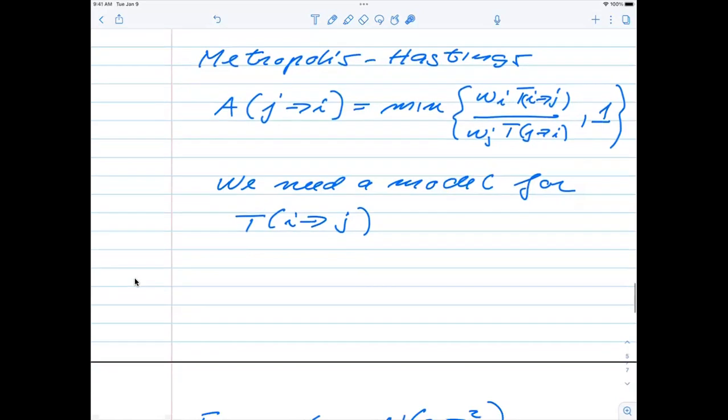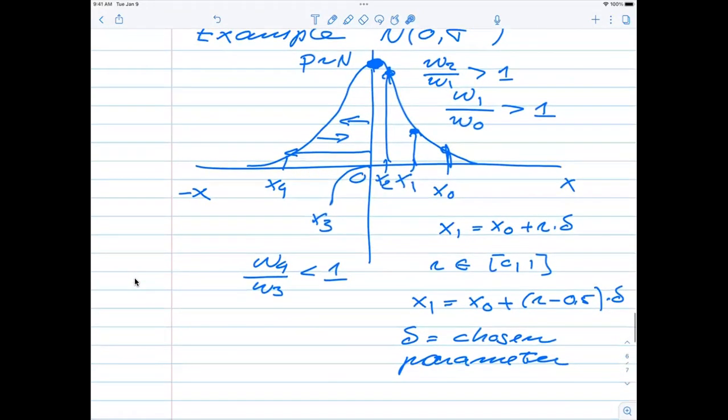Then in that case, this translates into a very simple algorithm where we just suggest moves with a parameter delta. And if we make that parameter too large, we will be jumping in and out of regions where the probability is 0. And if we tune it properly, we will always stay within regions where the probability is non-zero.